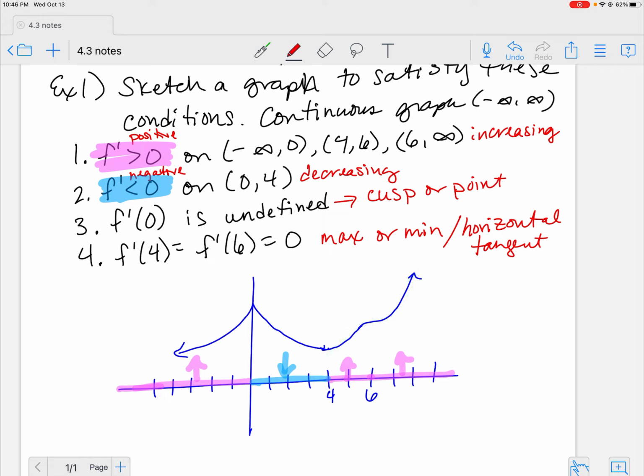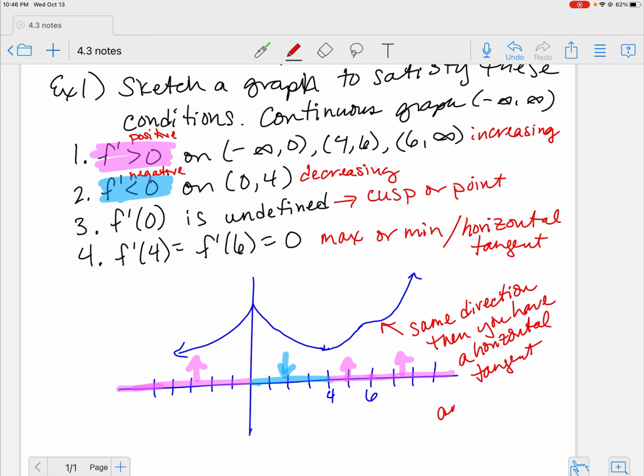All right? So if you go in the same direction, like here, we're going up and up, then you have a horizontal tangent, and the graph just flattens up for a little bit.